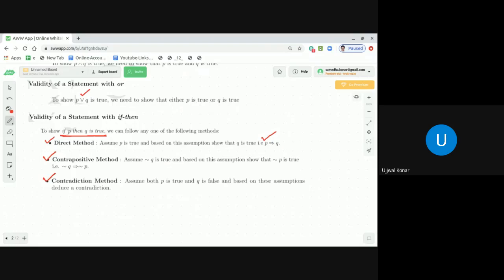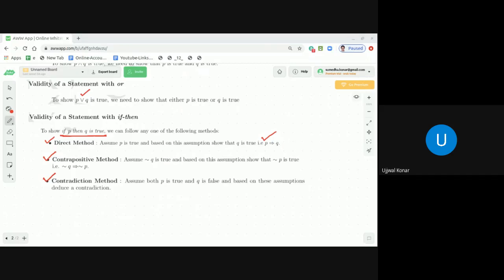You get a common factor between P and Q, where root 2 has been expressed as P by Q. The moment it is a rational number, you know that the HCF of P and Q has to be 1. But with the assumption that root 2 is a rational number, we got a factor between P and Q apart from 1, which contradicts the assumption. So that is what is called the contradiction method.